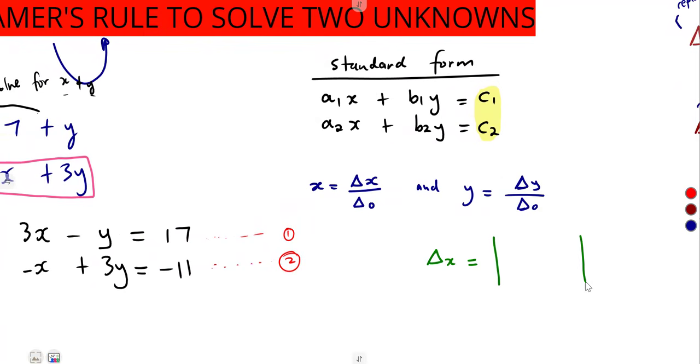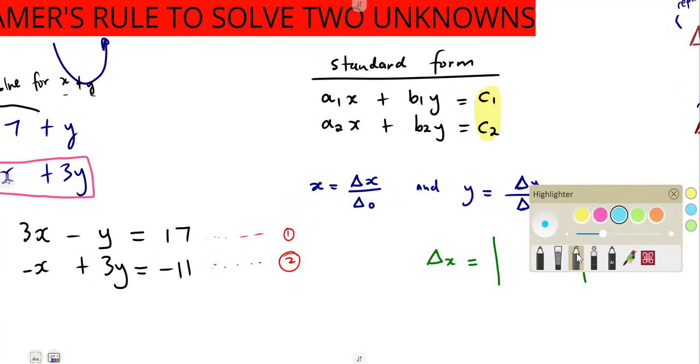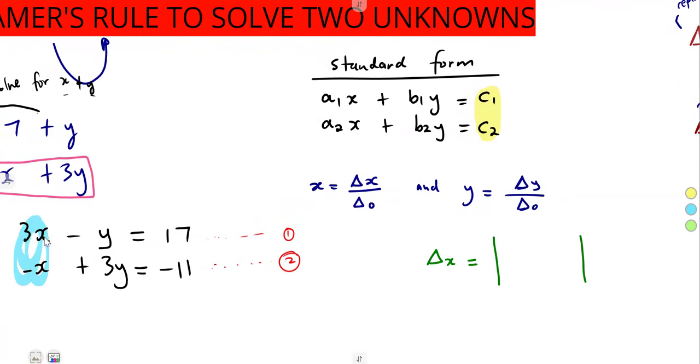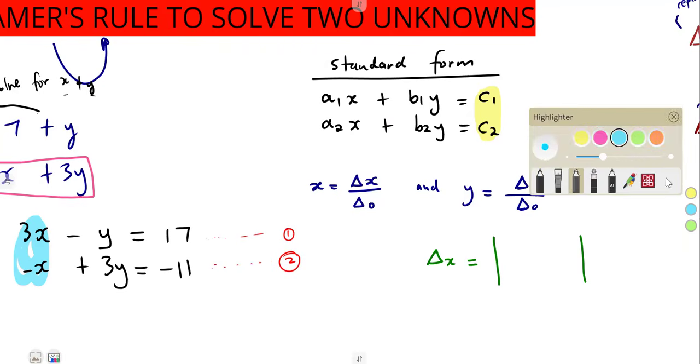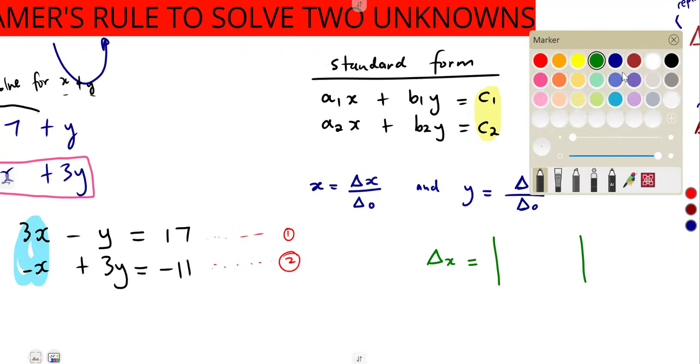So this is it. Where we have x, I said you must what? Cover up that. Replace with constants. Where we have x, we are going to replace with constants. So our constants in this case is what?